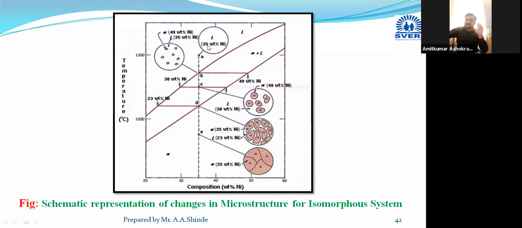From this liquid, some part will start solidifying. This is the small part of solids. As temperature is decreasing, the amount of solid is increasing. Here a very small amount of solid is there.